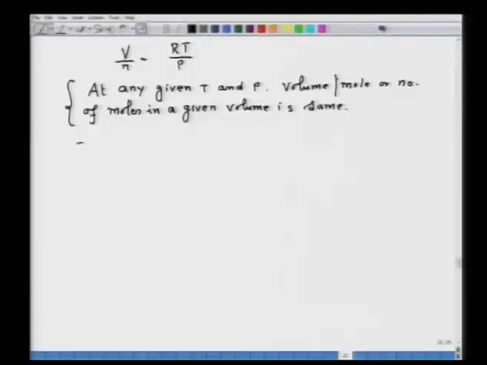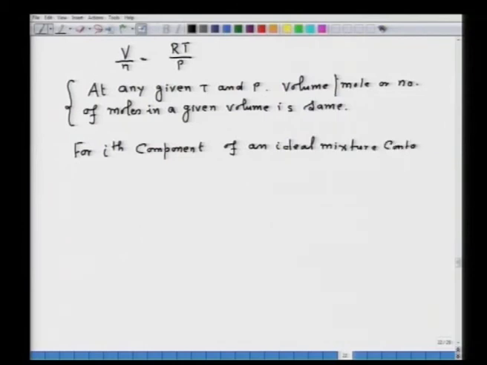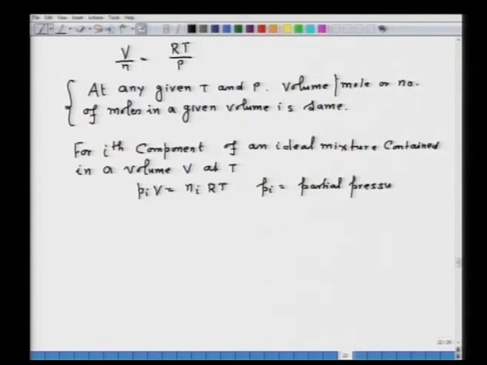So, for the ith component of an ideal mixture contained in a volume V at temperature T, we can write PiV equal to niRT, where Pi is the partial pressure of that particular component, and ni is the number of moles of that component.